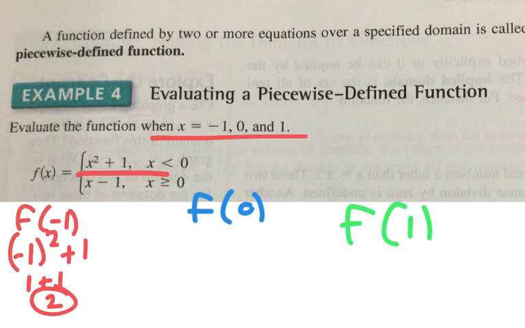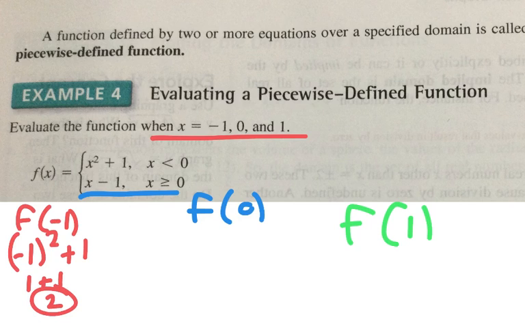Questions about that? Let's look at the second one, the blue one. Now my function's evaluated at 0. Okay, well, which piece do I plug into when I'm evaluating at 0? I plug it into the bottom piece, right, the x minus 1. Because I plug in there for anything greater than or equal to 0.